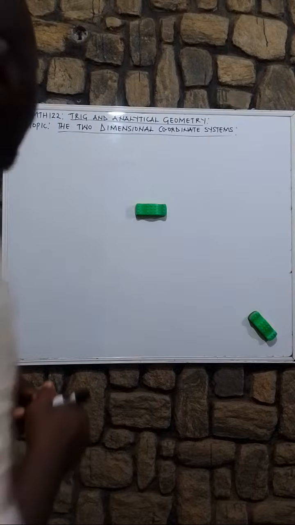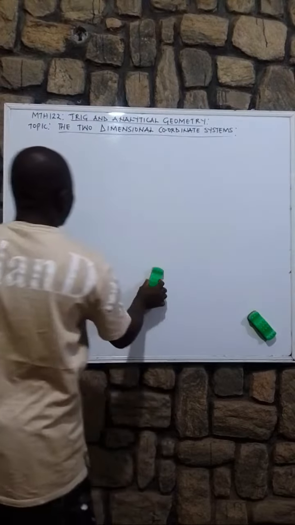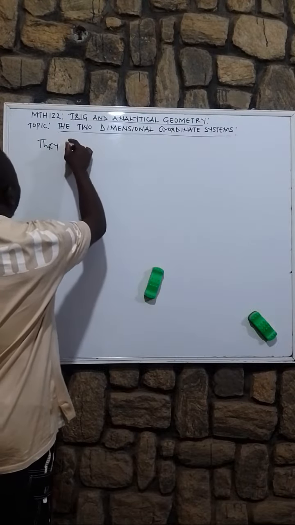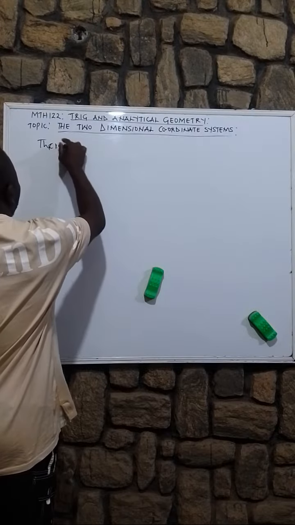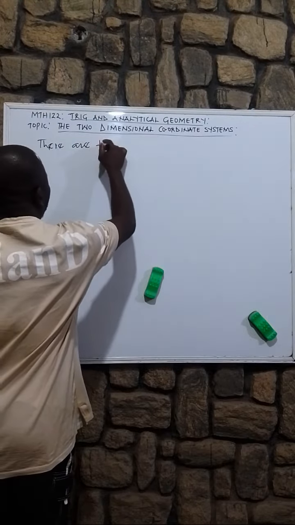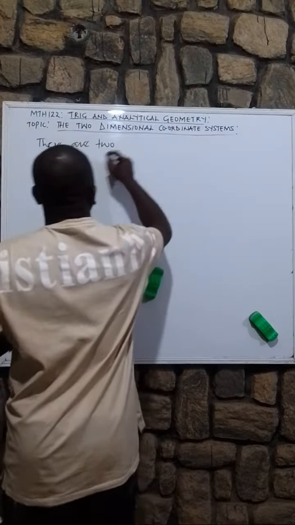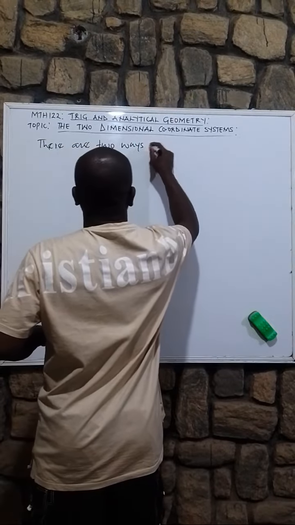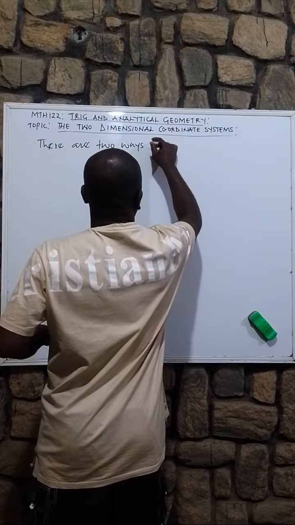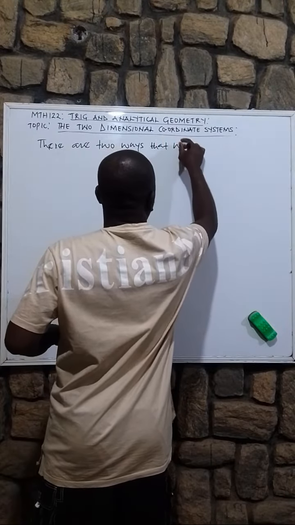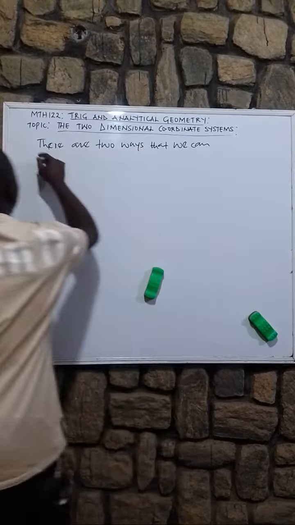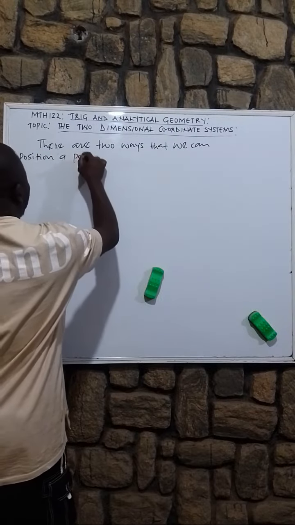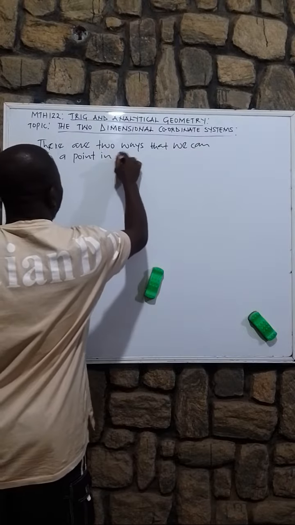So, there are two ways that we can position a point in a plane.